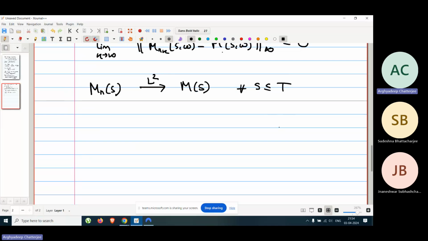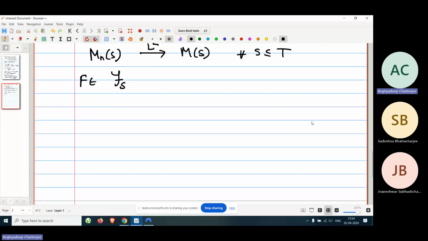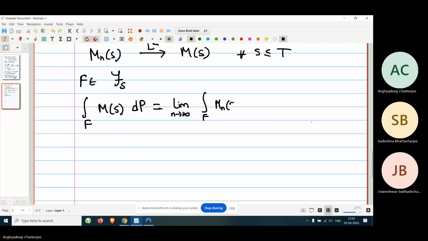So we can now, for any f belonging to this sigma algebra Fs, we have the integral of f Ms dP equals the limit as n tends to infinity of the integral of f Mn,s dP.